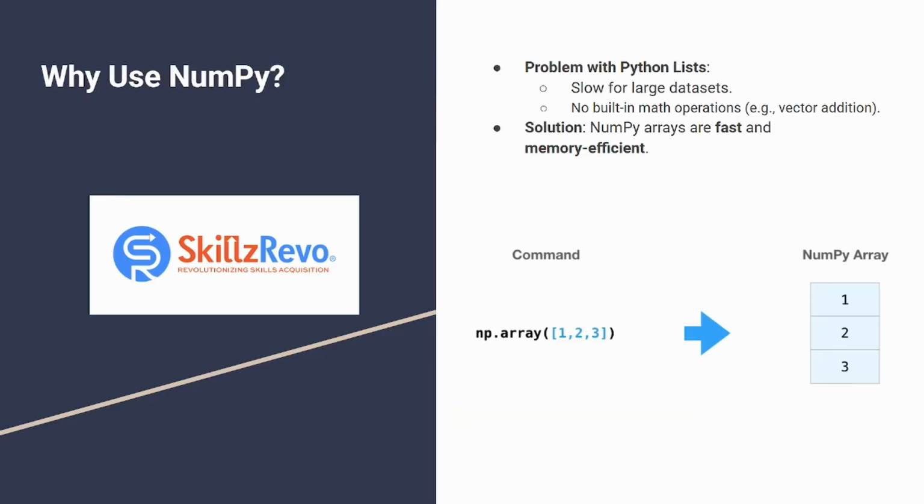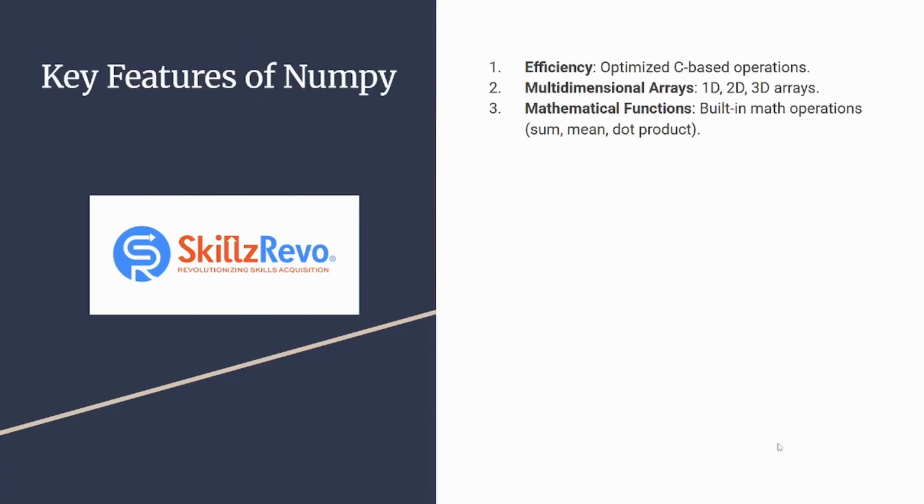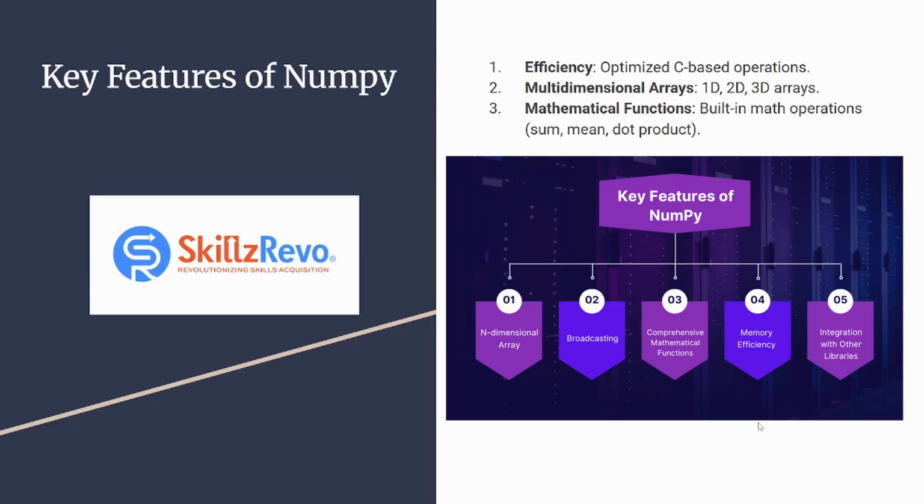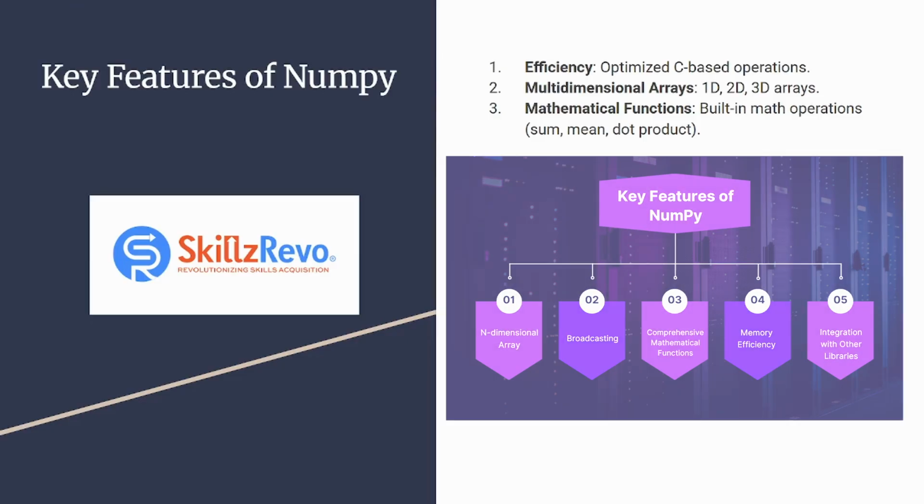The solution we have mentioned is the NumPy array, much faster and memory efficient. The key features of NumPy are efficiency, multidimensional arrays and mathematical functions. It has some built-in mathematical functions like sum, average, mean, dot product, and so on.